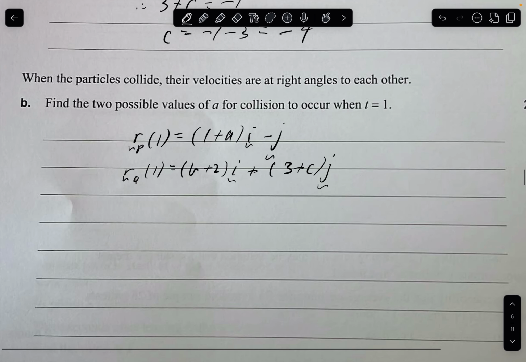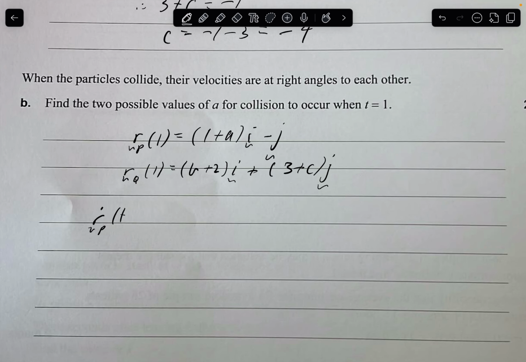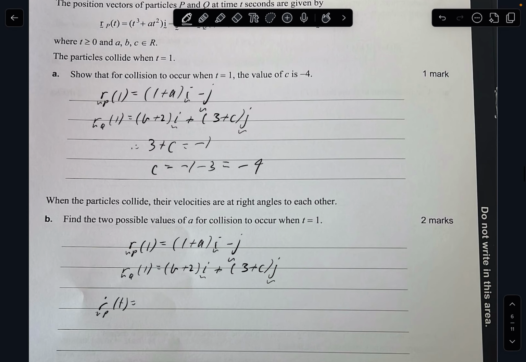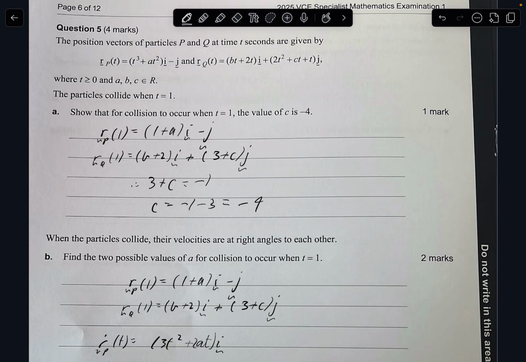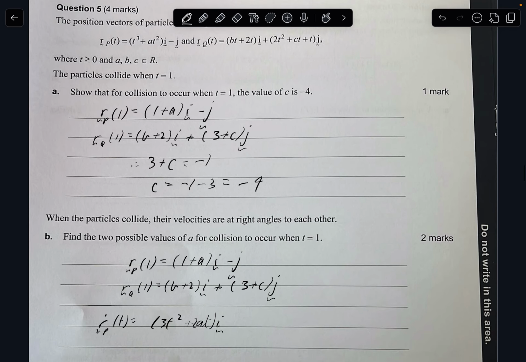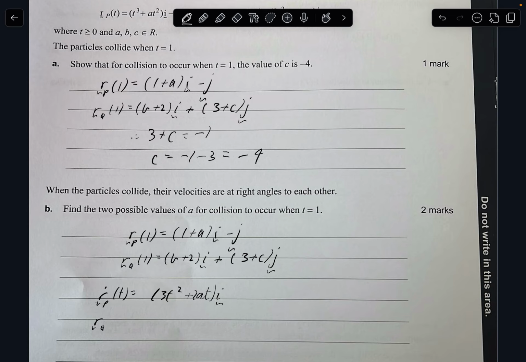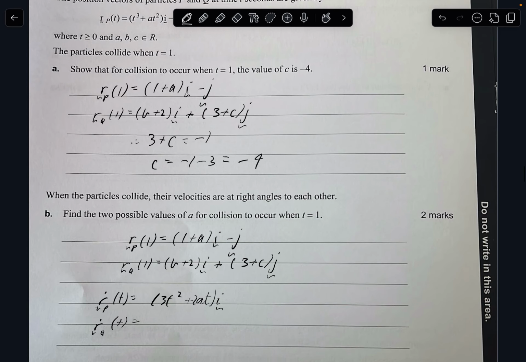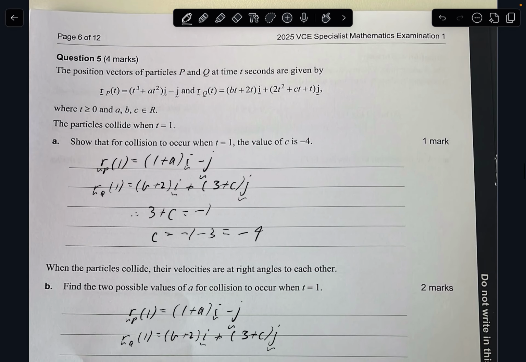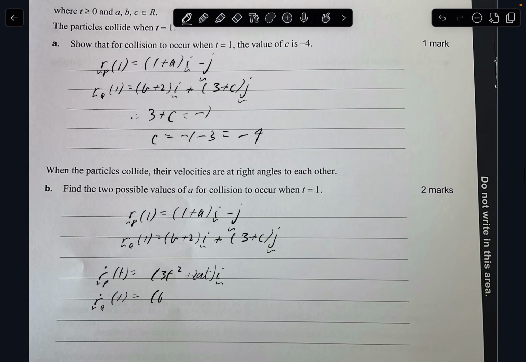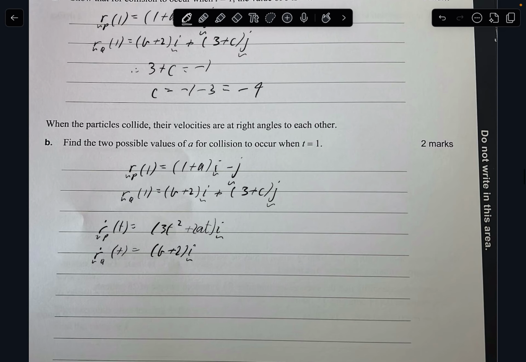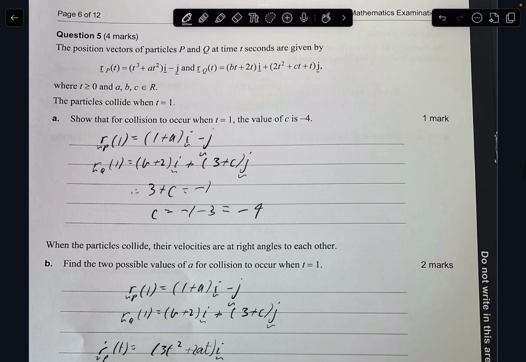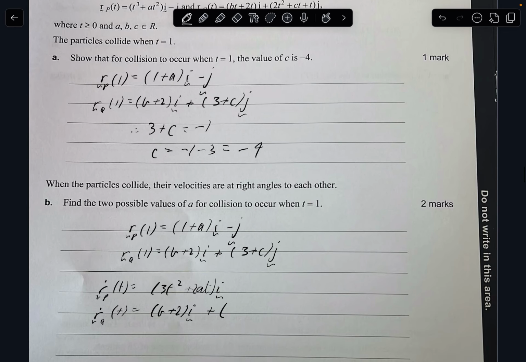So r dot p of t is 3t squared plus 2at i, minus 0j, and then r dot q of t is b plus 2 i, plus 4t plus c plus 1.